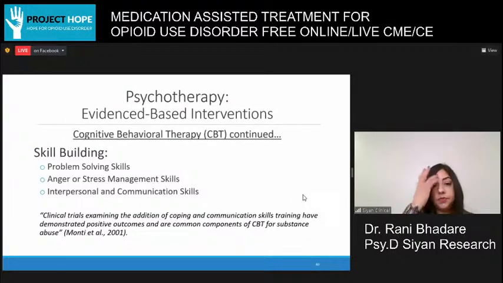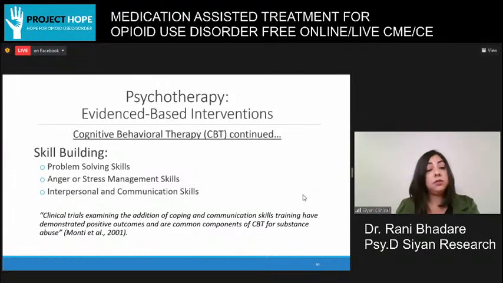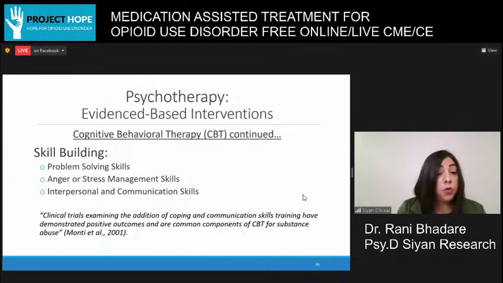Okay. The skill building aspect of CBT involves problem-solving skills, which include organizational skills, planning skills, breaking down long-term goals into short-term goals, breaking down those short-term goals into action steps.